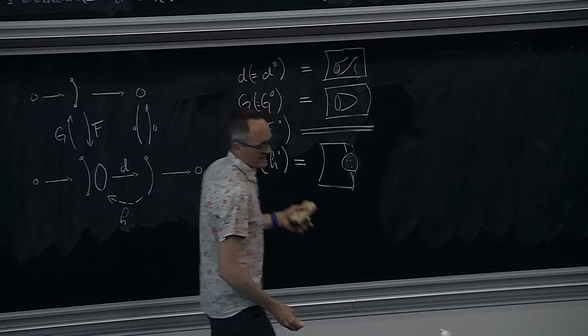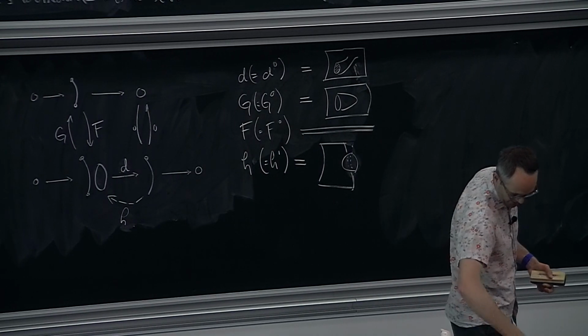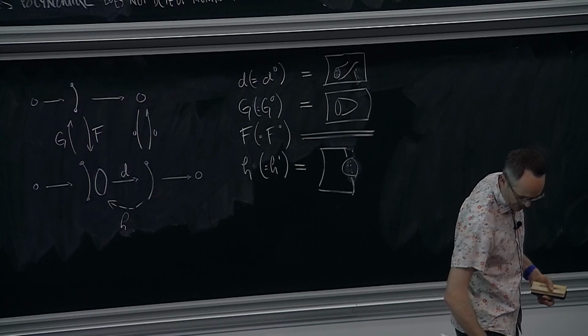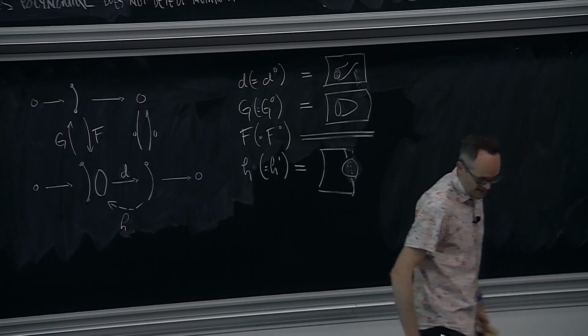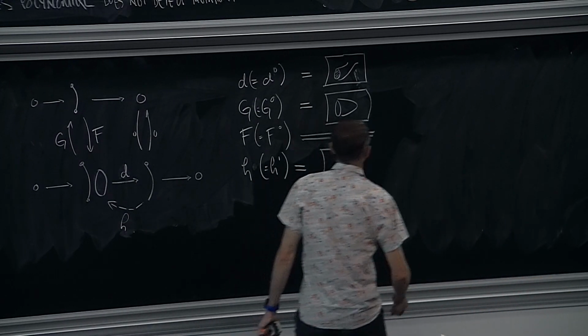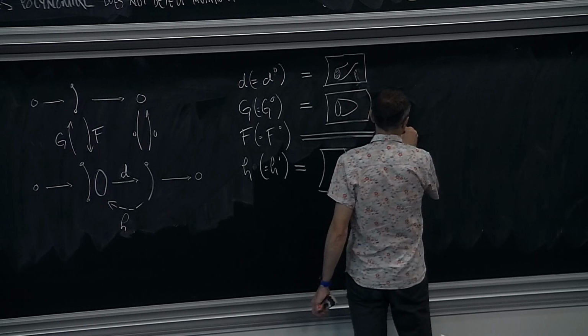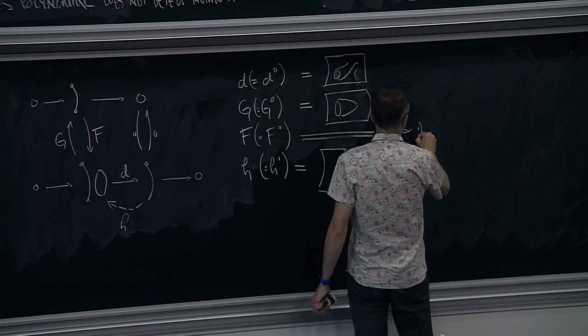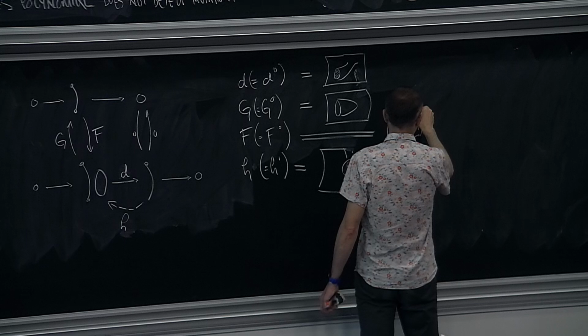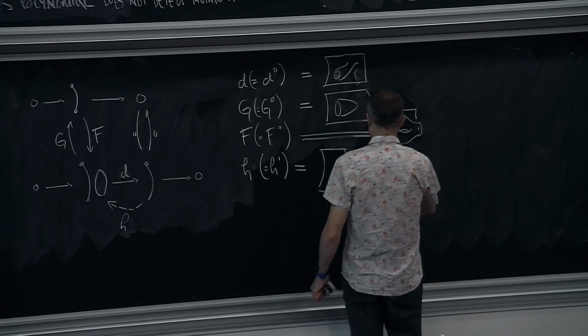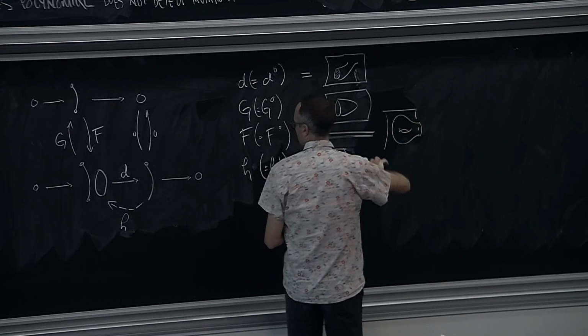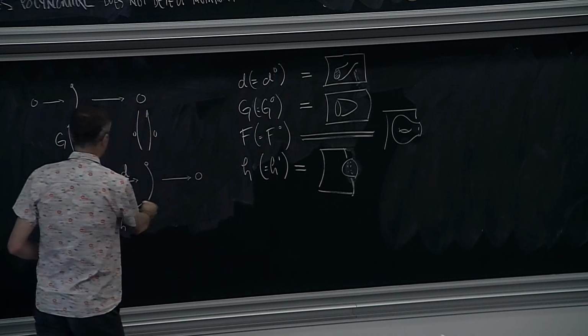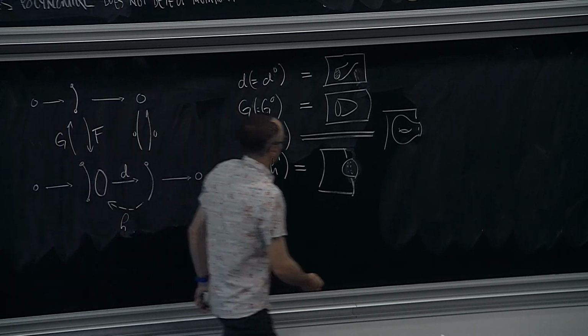Then F is actually a linear combination. It's a funny linear combination. It's disconnected: it goes from the sheet and then it births a circle.